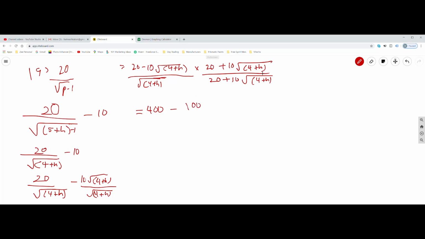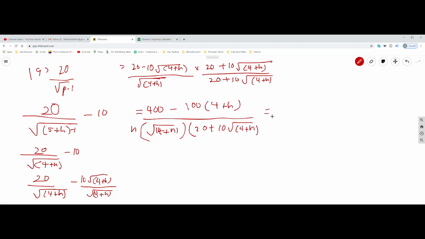And then a square root times square root, you're just left with the brackets over square root 4 plus h. And 20 plus 10 square root 4 plus h.